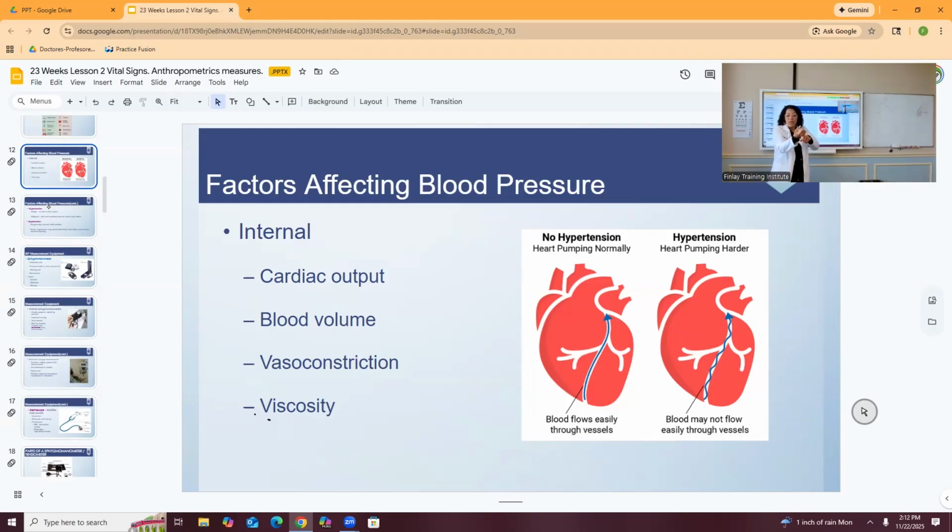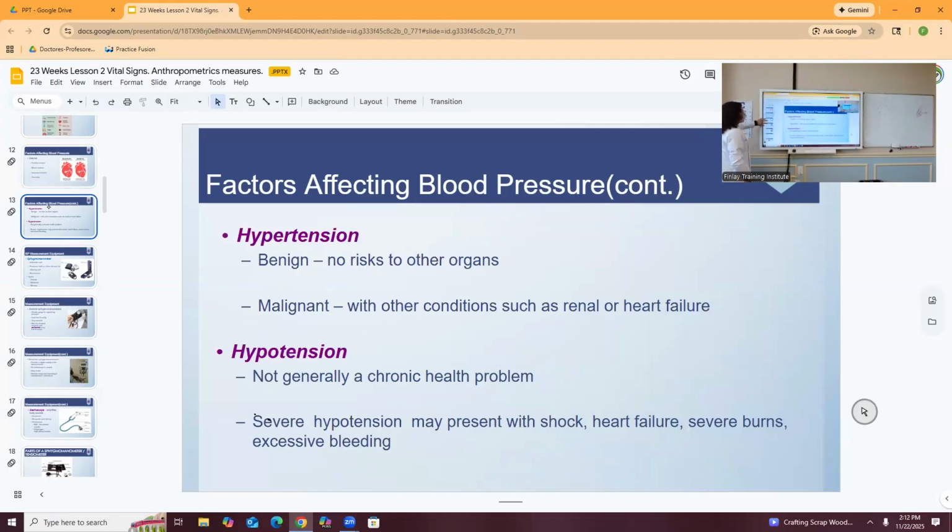So the blood, when it contracts, is not going to be enough to get into the arteries. Then there are blood volume, vasoconstriction, and viscosity. In a patient with high cholesterol, the blood is going to be a little bit thicker and it's hard to move.